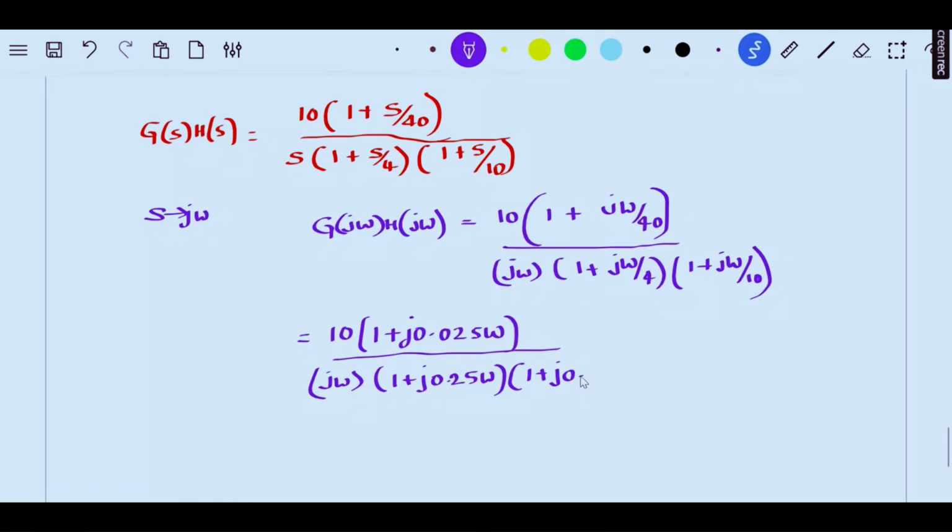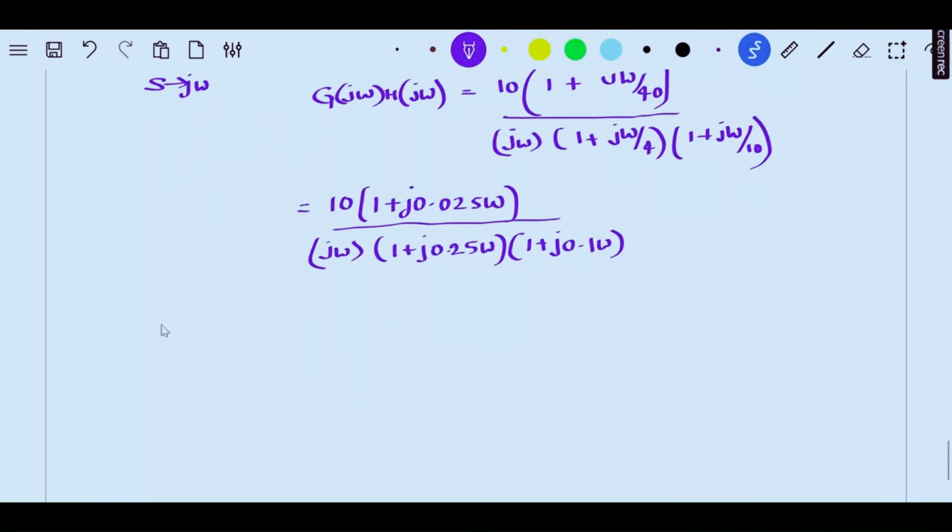As we are worried about calculating the phase value, we need to take the angle for each component of G of j omega into H of j omega.